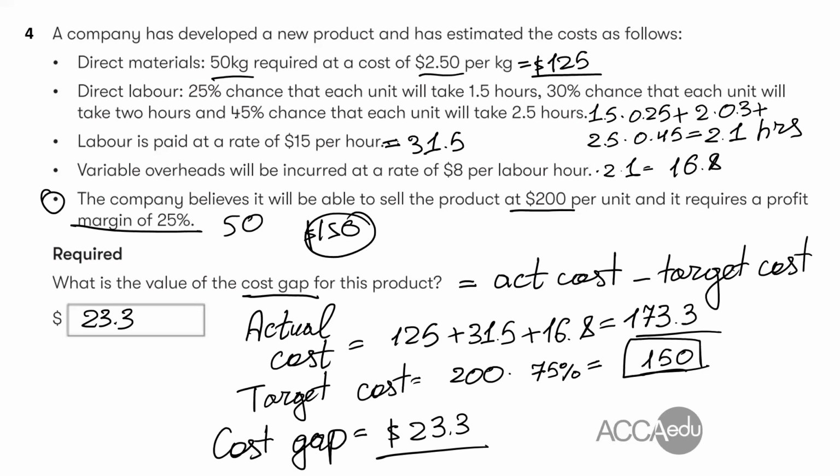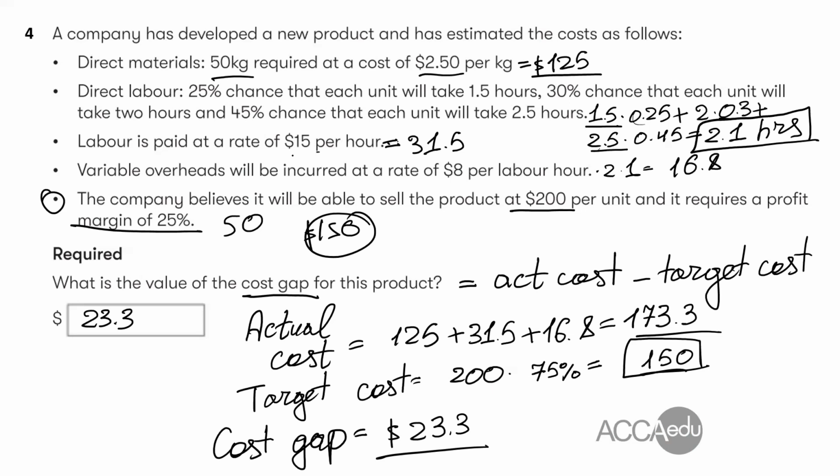So we find the expected number of hours needed for the job. 1.5 hours with 25% probability, plus 2 hours with 30% probability, and 2.5 hours with 0.45, or 45%, probability. Overall, on average, we expect the direct labor to work 2.1 hours.